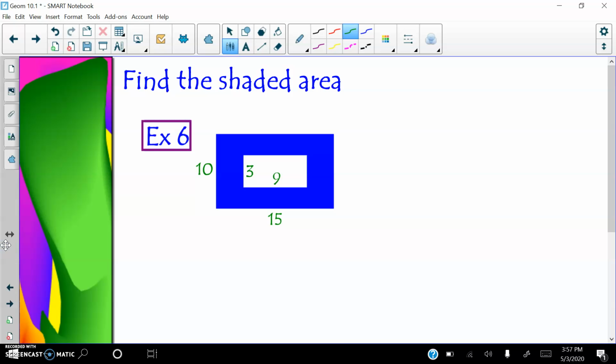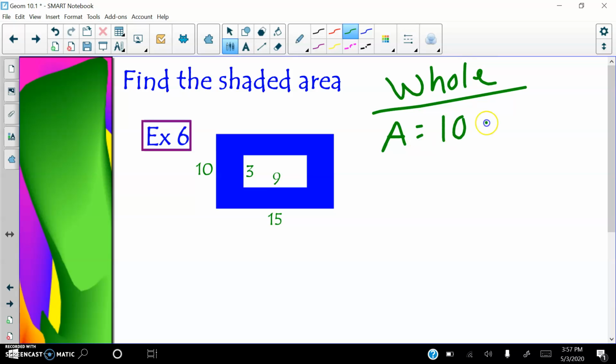All right, find the shaded area. So first, what I'm going to do is I'm going to find the entire area of this whole thing. So whole thing, I'm going to do the area is 10 times 15, which is 150.